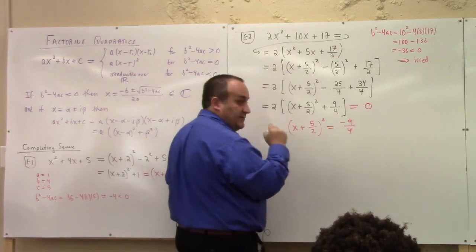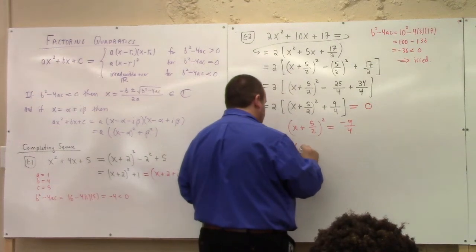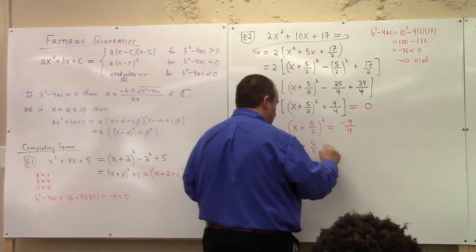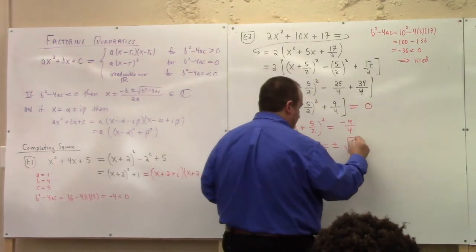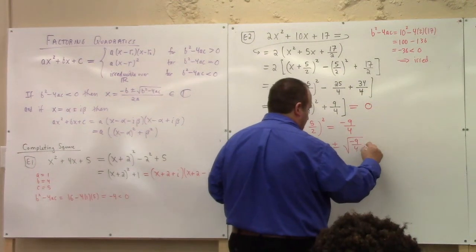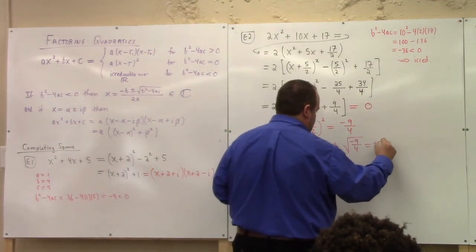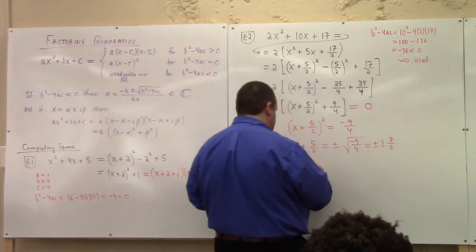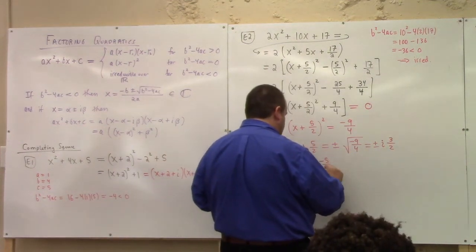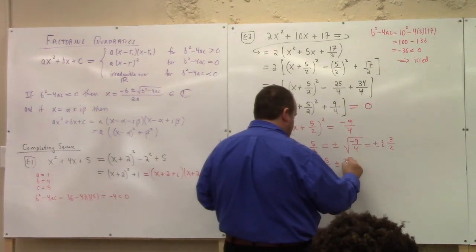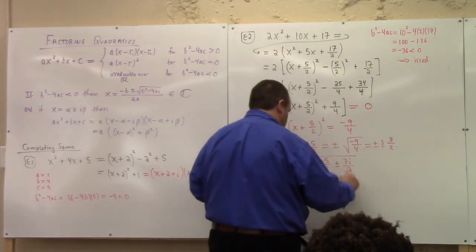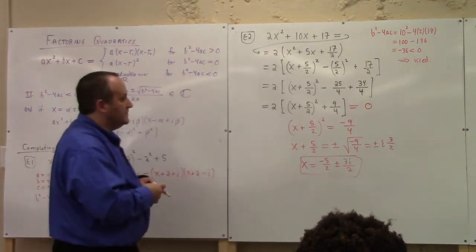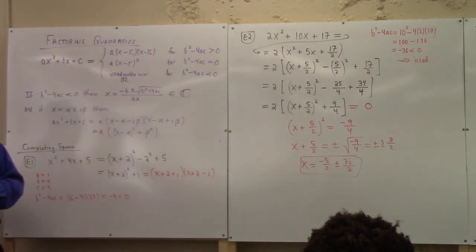So if I take the square root of that, I get x plus 5 over 2 is equal to plus or minus the square root of minus 9 over 4. Well, that is plus or minus i times 3 over 2. So we get x is equal to minus 5 halves plus or minus 3i over 2. There you go. Those are the complex solutions to that equation.